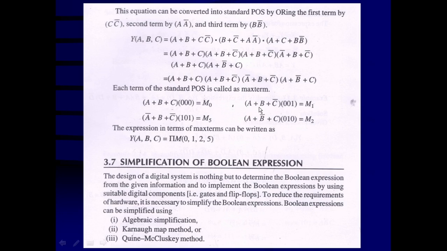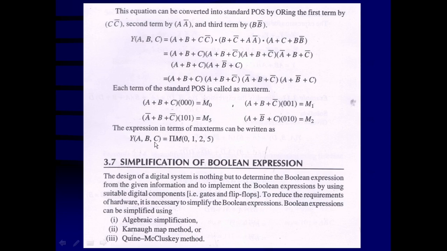Second one, A or B or C bar: A and B are 0 and C bar is complemented, so I write 1. So 0, 0, 1 by decimal equivalent is M1. Similarly, A bar or B or C bar is 1, 0, 1, that is M5, and A plus B bar plus C is 0, 1, 0, that is M2. So we can write this expression in terms of the max terms.